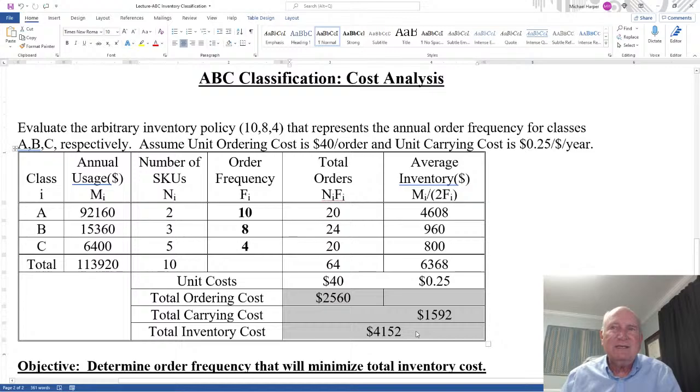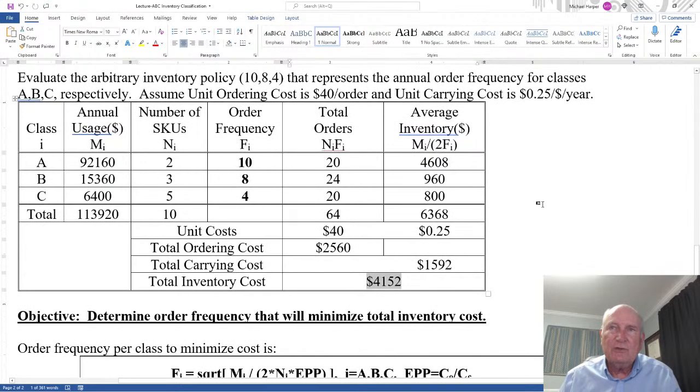So the question is, is that a minimum? And the answer is no. This is not an optimal inventory policy because it doesn't minimize my total inventory cost. How do I know that? From inventory theory, from EOQ theory, at EOQ the total ordering cost equals the total carrying cost. These are not equal.